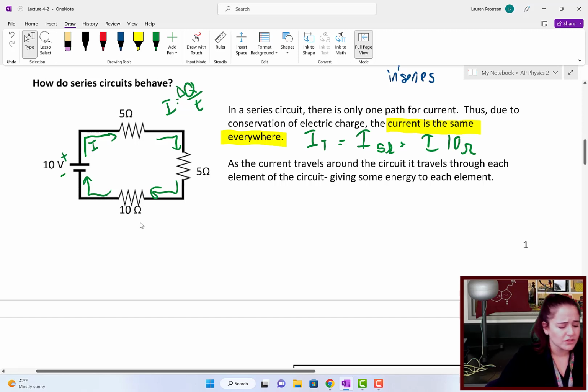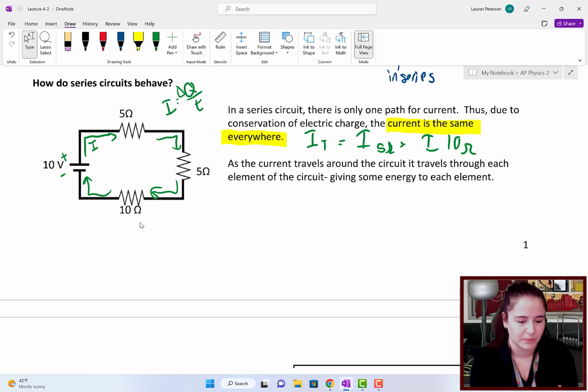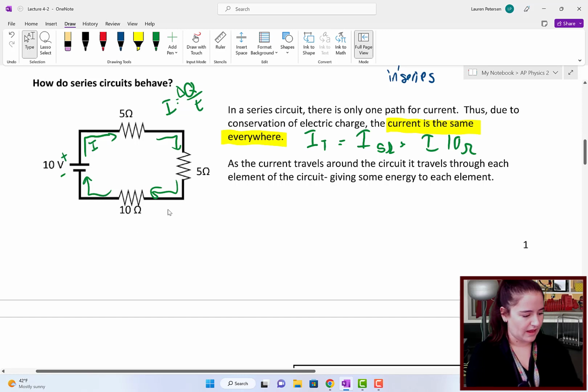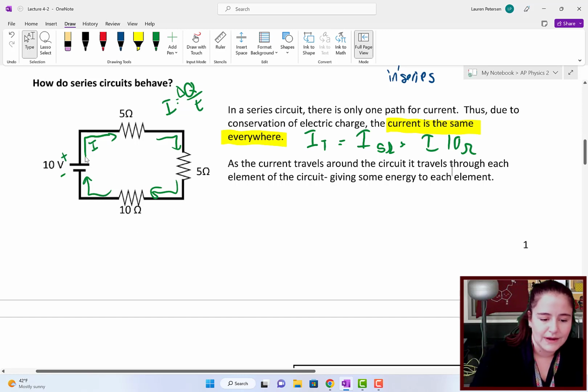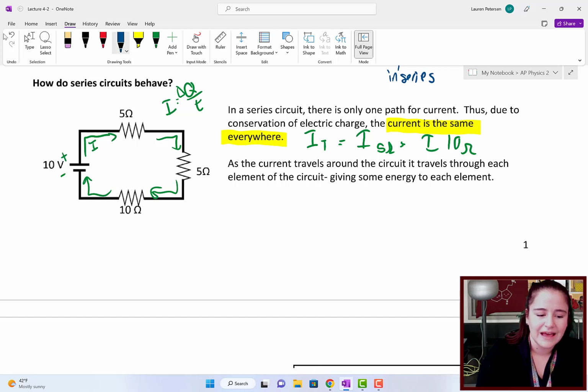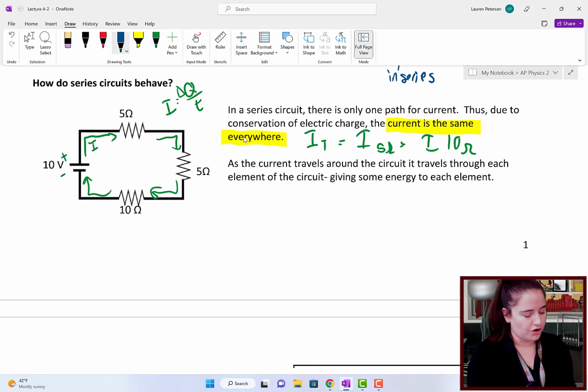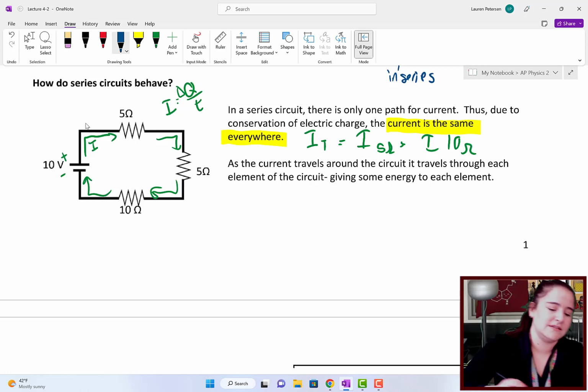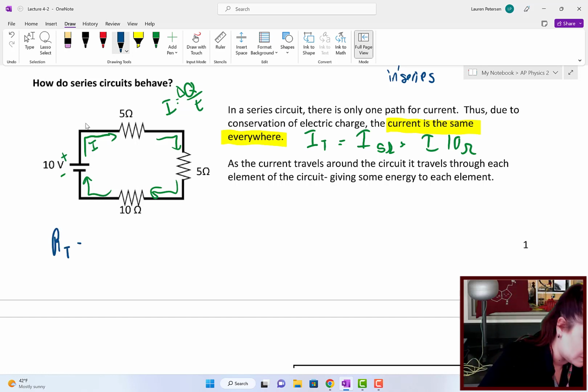So just to give you a quick example of a series circuit and how we would solve it, we have that 10 volts, and because the current has to travel through each individual resistor, the total resistance is going to be 20 ohms.